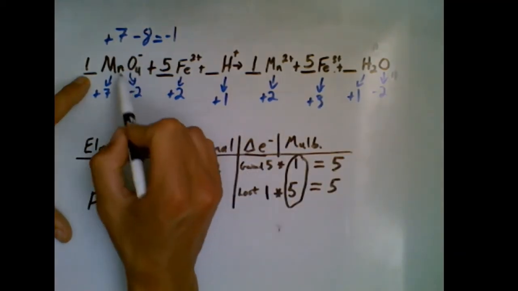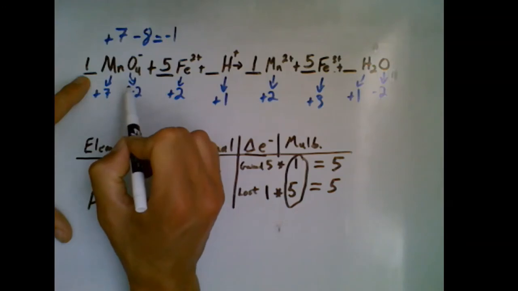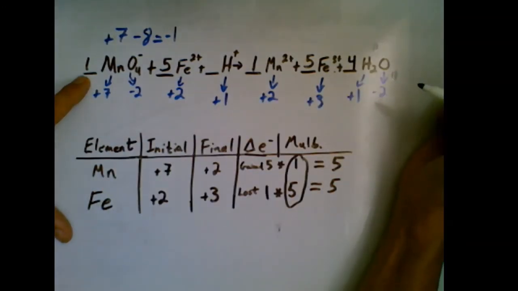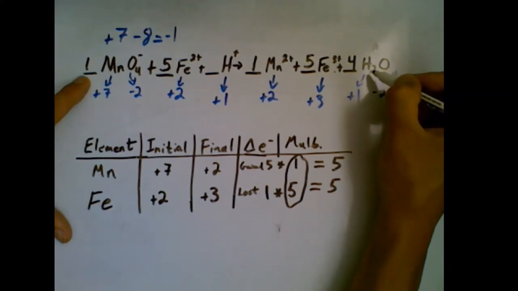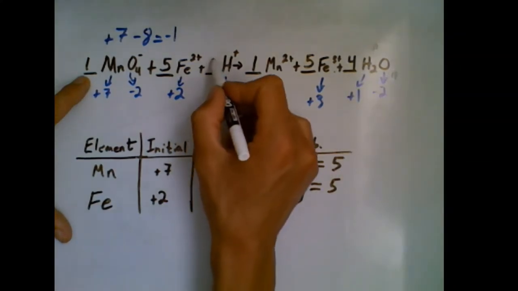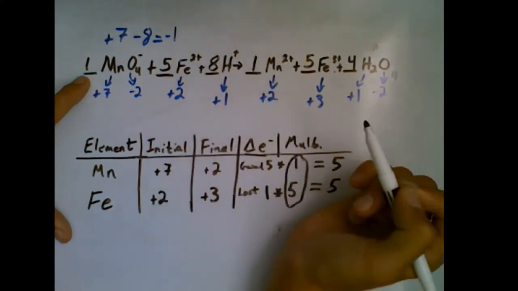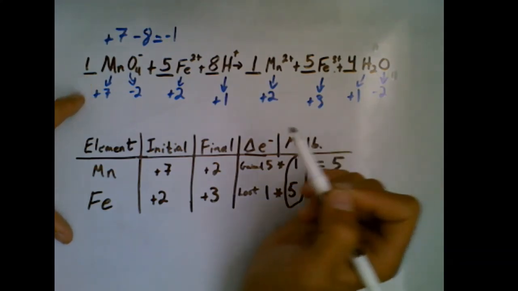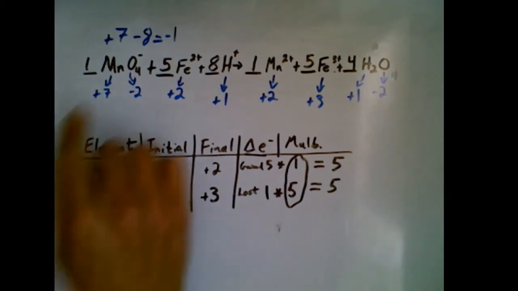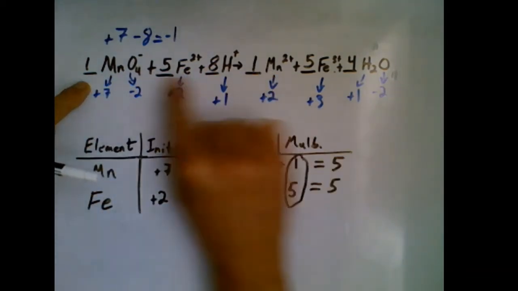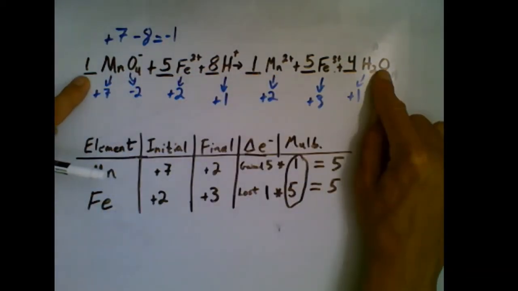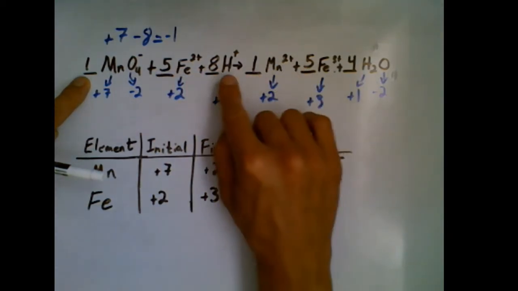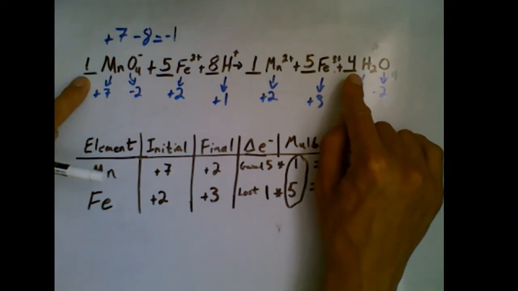So that means we're going to have 4 oxygens no matter what, which means I can balance my 4 oxygens over here, which then gives me 8 hydrogens, which I can balance out on this side by giving myself 8 hydrogens. And at this point, if you were to check, you have 1 Mn, 1 Mn, 4 Os, 4 Os, 5 irons, 5 irons, 8 H's, 8 H's.